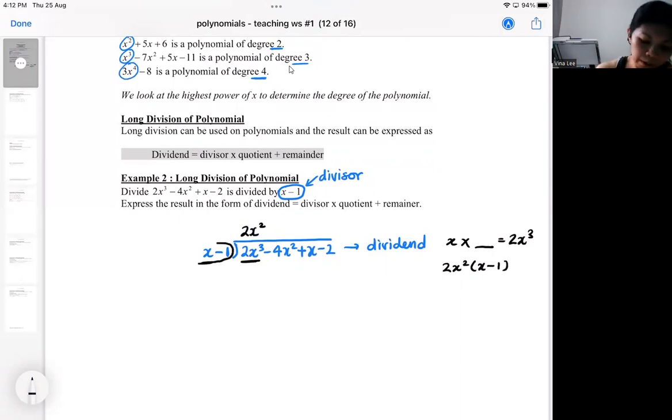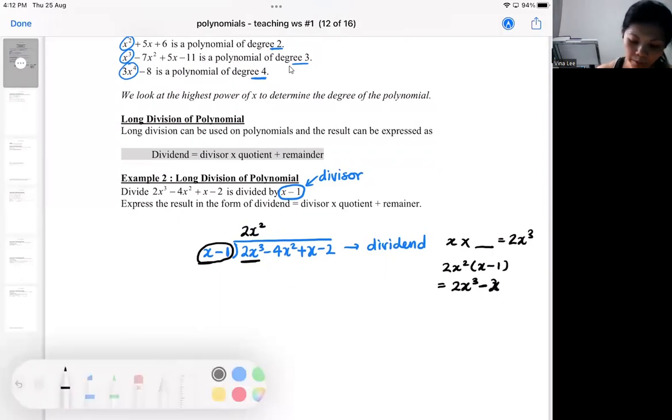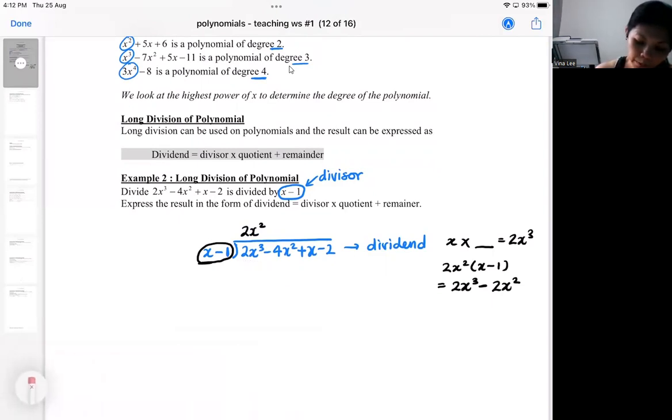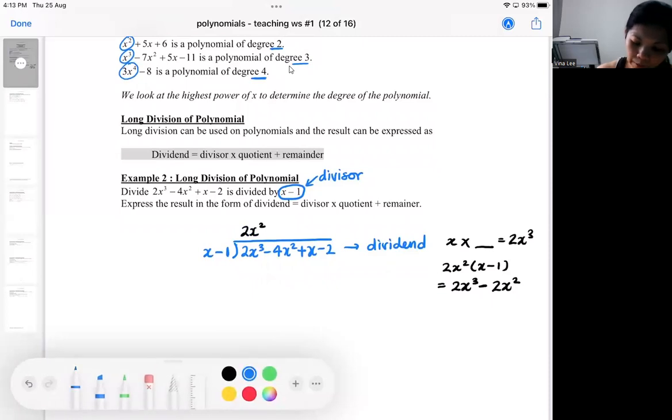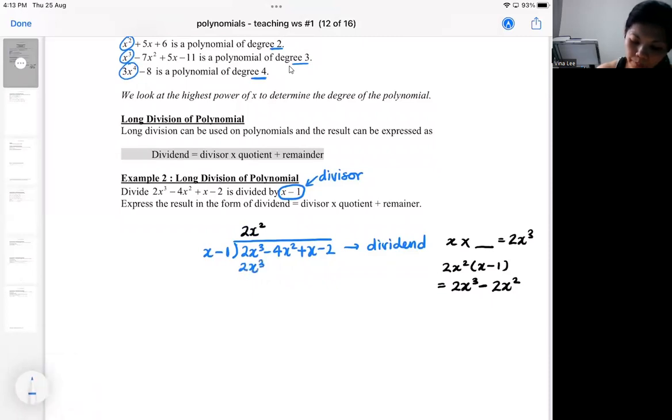Now that you have chosen 2x squared, you multiply by x minus 1. So you should get a 2x cubed minus 2x squared.